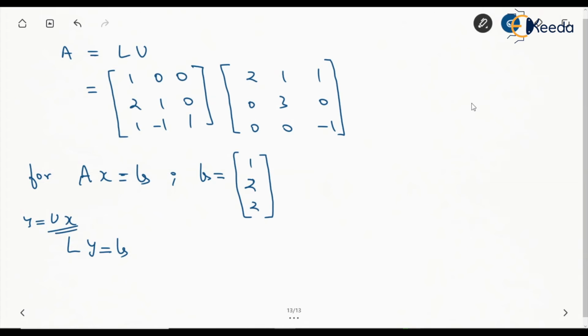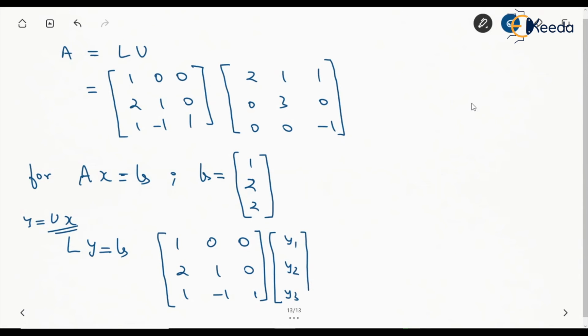So this is going to be 1 0 0, 2 1 0, 1 minus 1 1 into, let's say for Y we have Y1, Y2 and Y3. So this should give you B, which is 1 2 and 2. So from here we can start solving the first equation, then second equation, and then third equation.